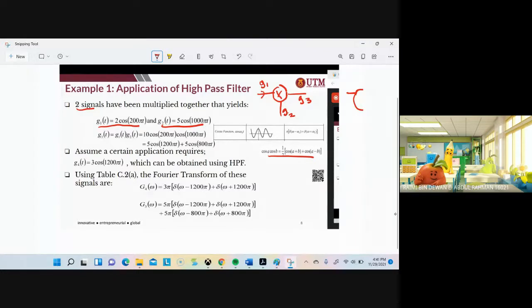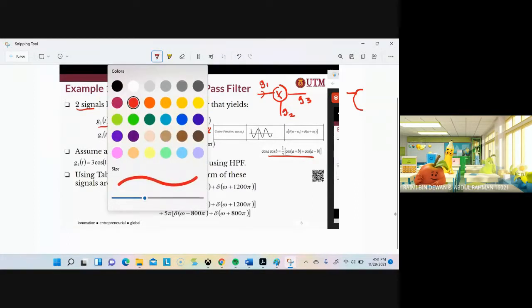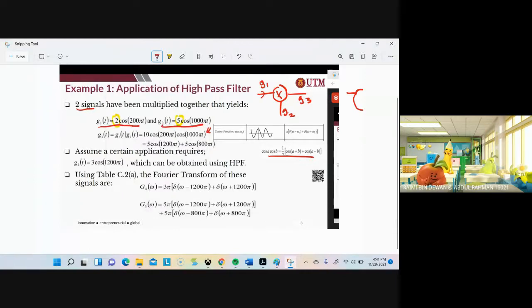You multiply them together. So 2 plus 5 is 10, and then you have cos 200 pi t times cos 1000 pi t. We don't have this to write directly, we need to solve it using trigonometry.